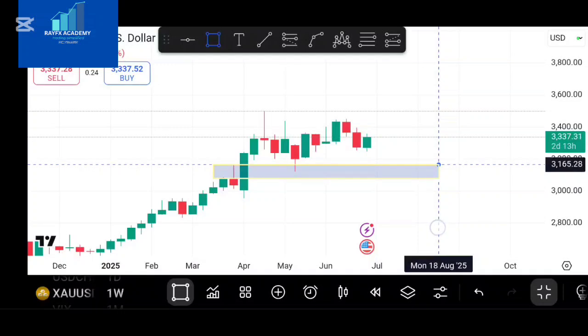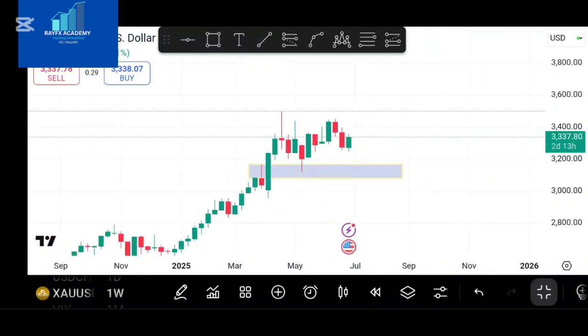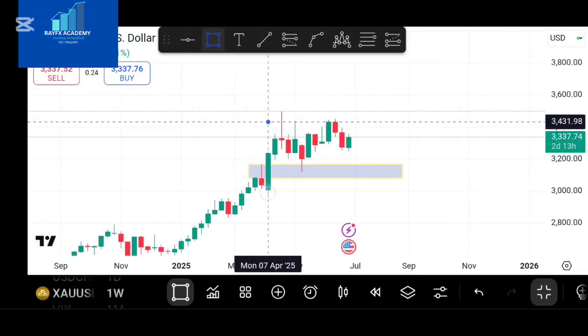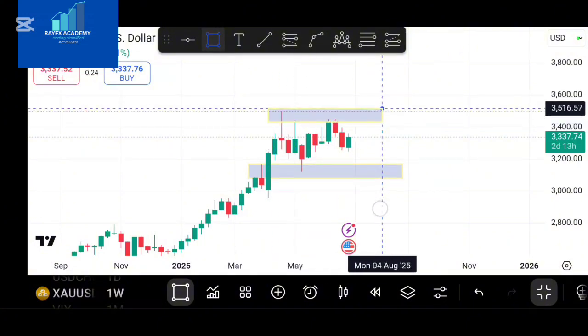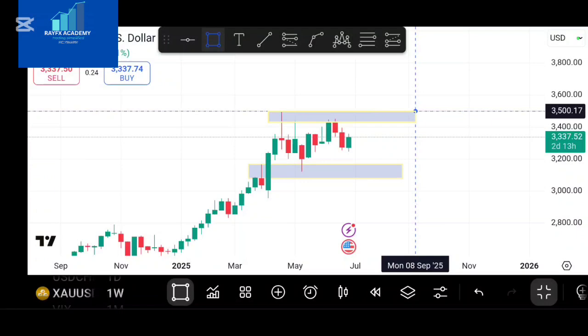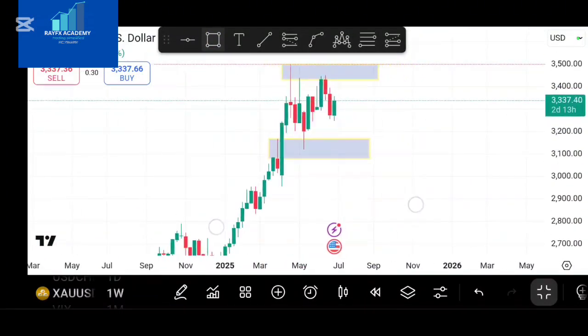For me, I prefer to do this. This candle wick, something like this you get, and we have something like this as well at the top here. So you can see the movement of the market.